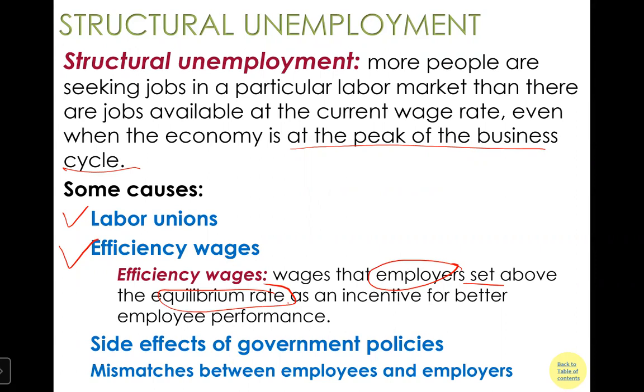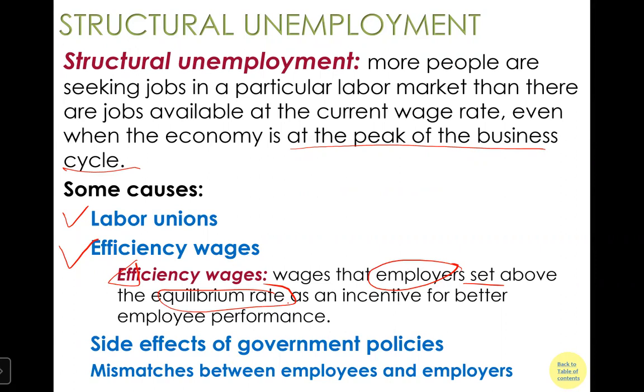How does that help? Without this efficiency wage, the worker knows they can always find a job in another business or another firm. If that's the case, I don't care, right? So why would I put in effort? Because I can always find a job if I lose my job today. So the employer responds by offering a higher wage, and that's going to create unemployment.